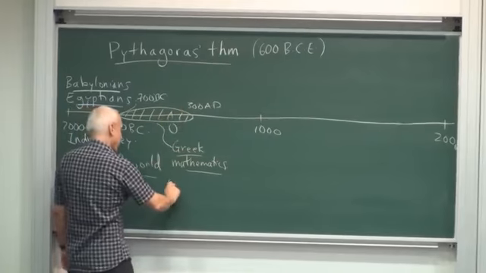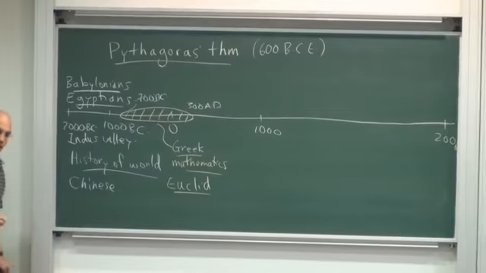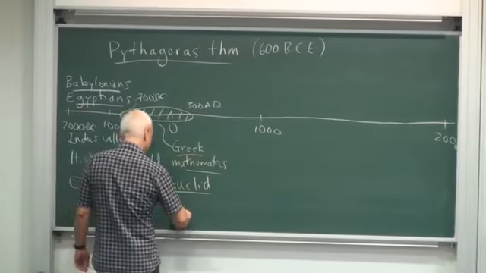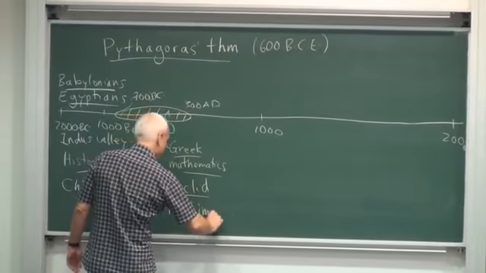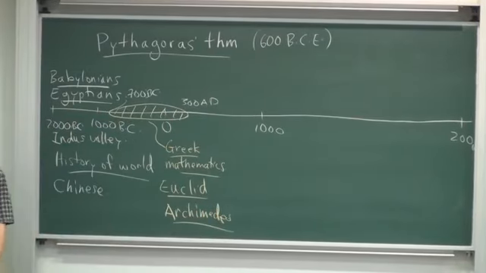Pythagoras was one, but probably more famous were Euclid and Archimedes. I would say these are the two towering figures in ancient Greek mathematics. But there are many other important Greek mathematicians too.